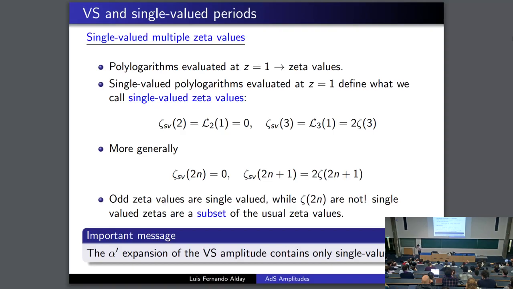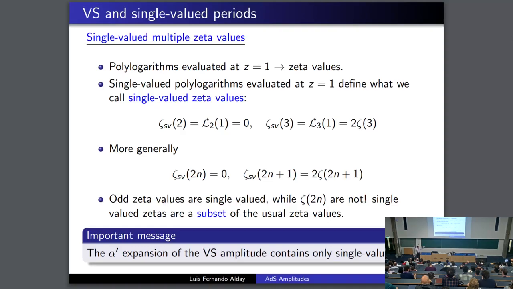Now notice that a zeta value, sorry, is a number, right? And I am telling you, some numbers are single-valued and some numbers are not. So most people in this room would just start vomiting if I tell something like this, right? What mathematicians mean by that is that one arises from a single-valued function once you set z equals 1.